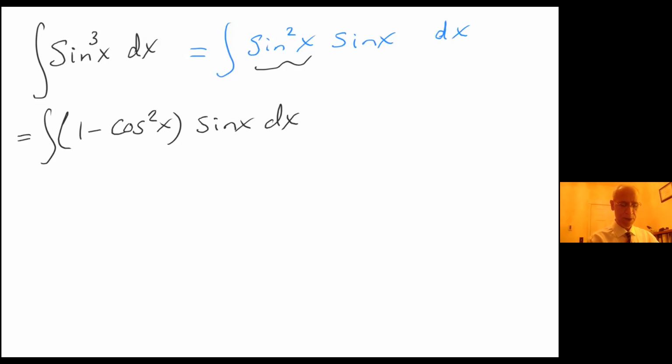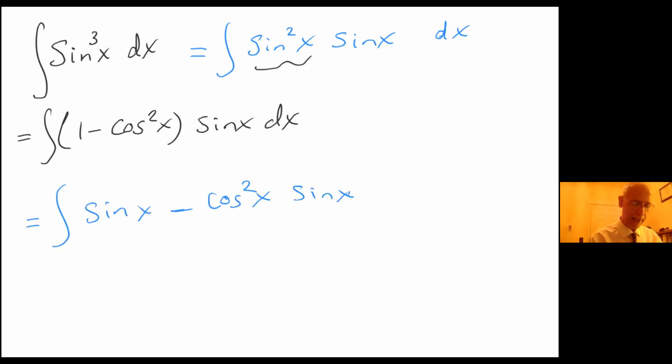One more step, I can claim that this equals the integral of 1 times sine of x, which is sine of x, and then minus cosine squared of x times sine of x, all that dx.